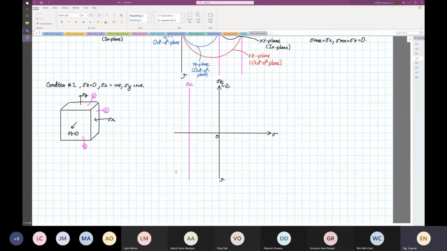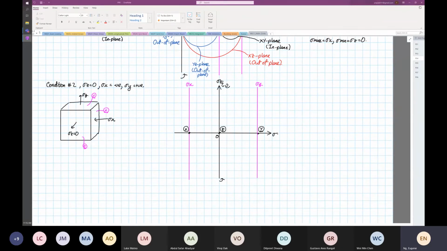Then we have our stress Y line. All of them have 0 shearing stress. So this is where your point X is, your point Z, and then this is your point Y.